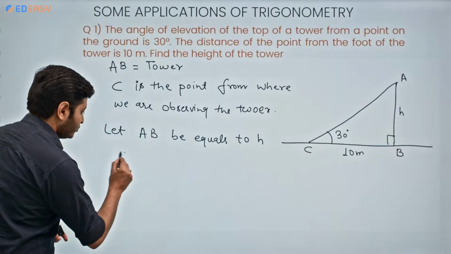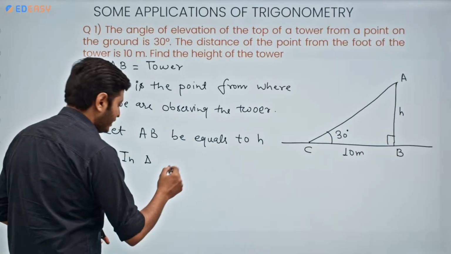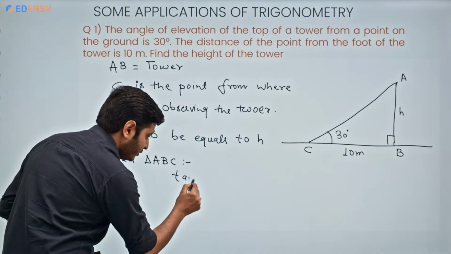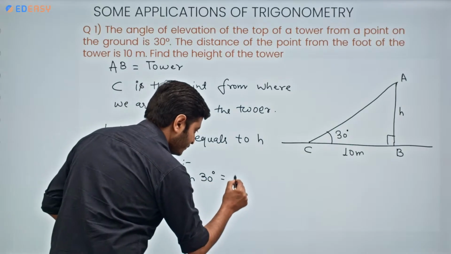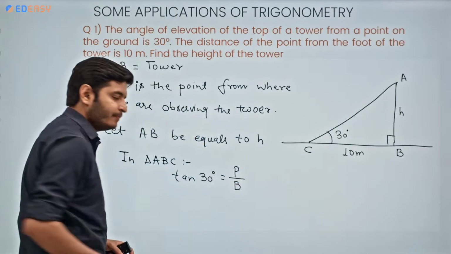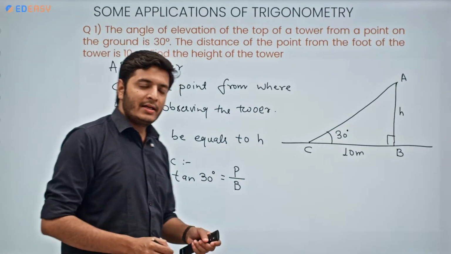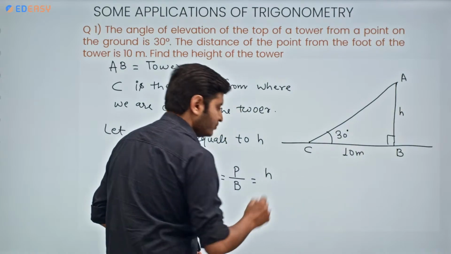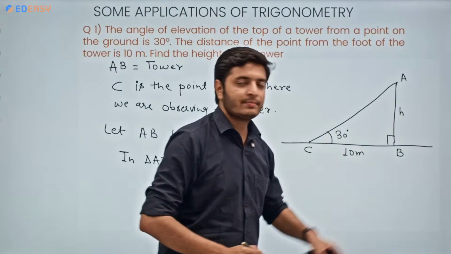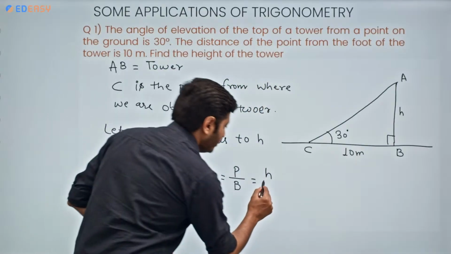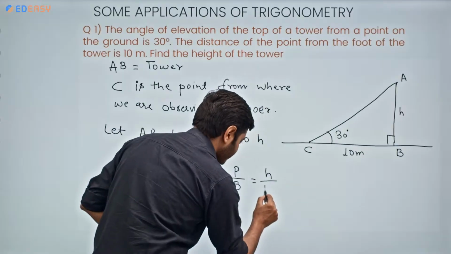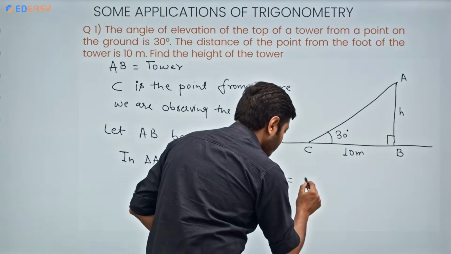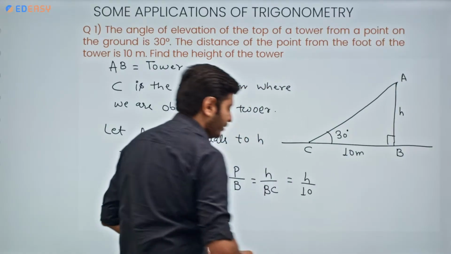What is tan 30 degree? You need to write in triangle ABC, tan 30 degrees is equal to perpendicular by base always. What is perpendicular? Perpendicular is AB or H, because we have given one very specific name to AB, that is H, divided by base, which is BC. What is the value of BC? 10 meter. So it is basically H by 10.